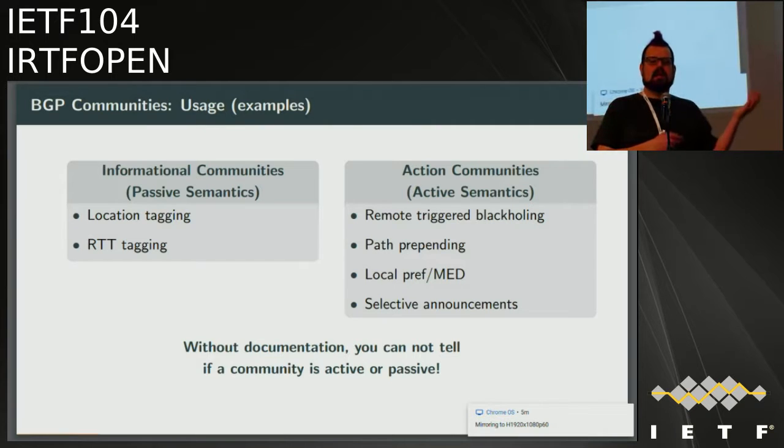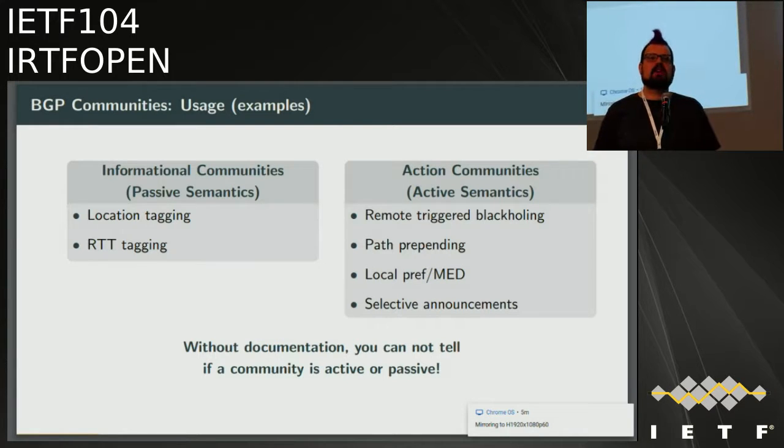In general, communities can be split into 2 groups. We have informational communities that have passive semantics. They are used for location tagging, where has this prefix been learned, in which PoP, and RTT tagging we have seen. On the other side, we have action communities that carry active semantics. They are used for triggering backhauling or actions in other ASs, for example, path prepending.